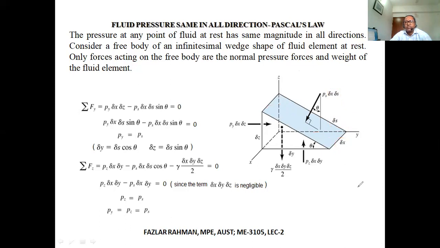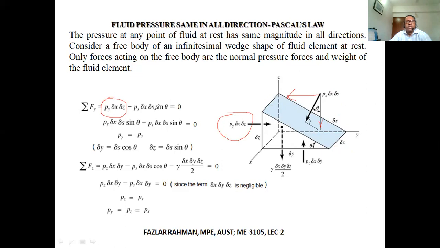So along the y-axis, we have one force right over here, working toward the right side. This force we can make into two components: one horizontal, the other vertical downward. So the horizontal one is along the negative y-axis.